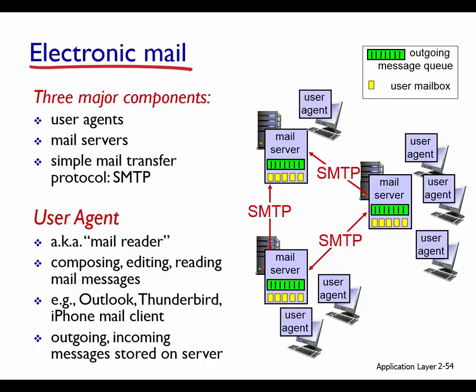This basically goes back to the original internet back in the 70s. So basically, there are three major components to electronic mail. You have your user agents, and you have the mail servers, and the protocol to communicate from the agents to the servers is what we call Simple Mail Transport Protocol, or SMTP.